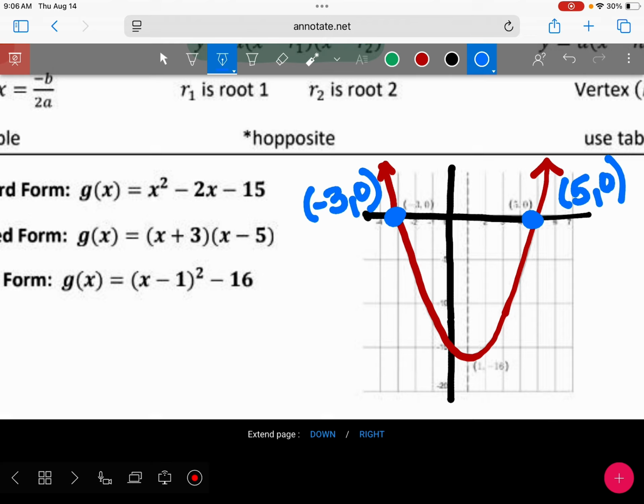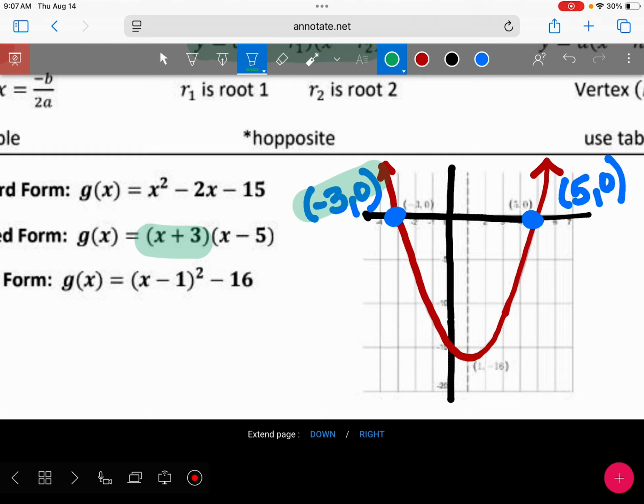So I want you to notice what happens with these 2 numbers when we put it in factor form. So let's look here. This is the factor that goes with that x-intercept. What happened to that 3? Yeah, it became positive.